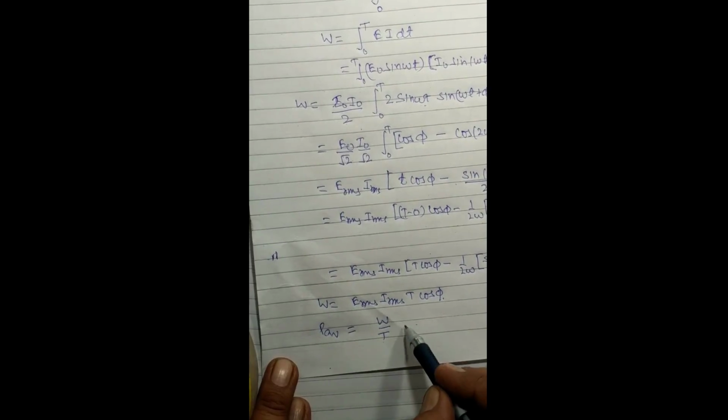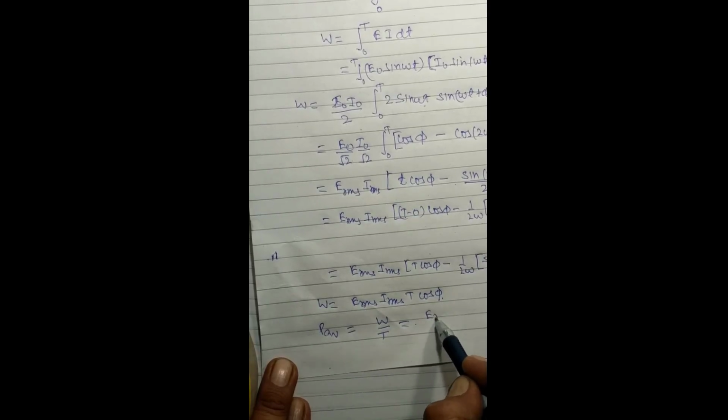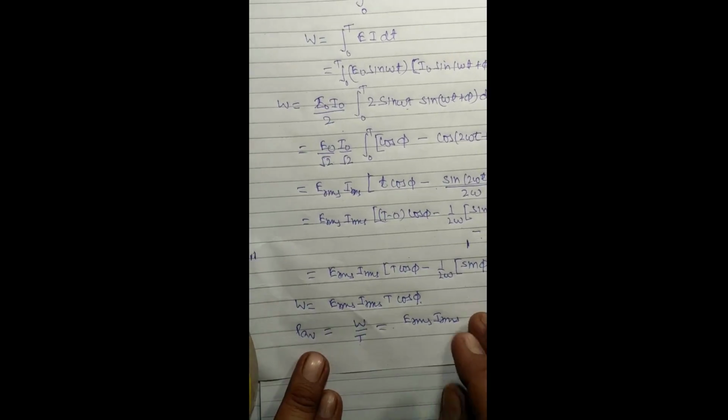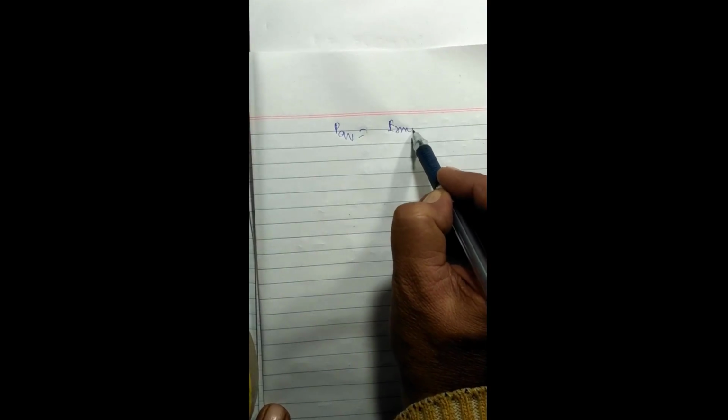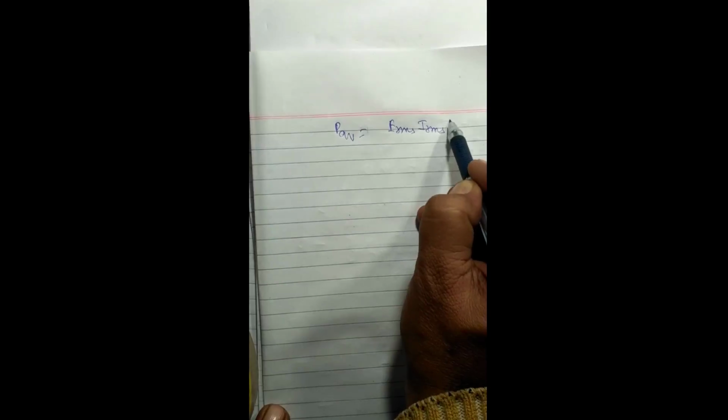So putting the value of W, E RMS, I RMS, T cos phi divided by T. On dividing by T, we get the average power as P average equals E RMS, I RMS and cos phi. So this is the actual formula.